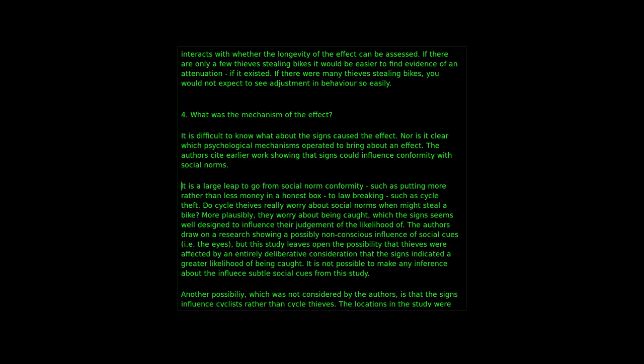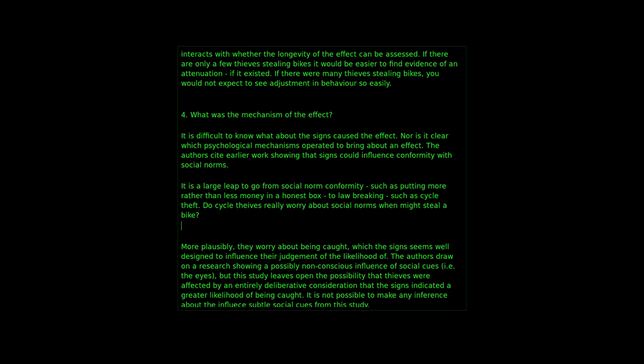Okay, so this sentence here, I think all these sentences can be one. It's a large leap to go from social norms to law breaking.